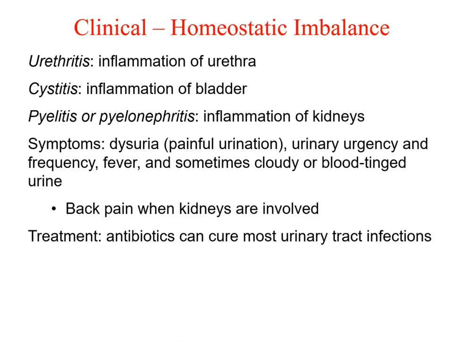And how do you treat most UTIs? With antibiotics. The drug of choice is usually Cipro, 500 milligrams twice a day for 4 to 6 weeks, because the penetration rate of Cipro or antibiotics into the bladder is very poor, especially in men into the prostate, so they have to take it for a longer period of time, especially if you have chronic UTIs, and a lot of women have chronic UTIs.